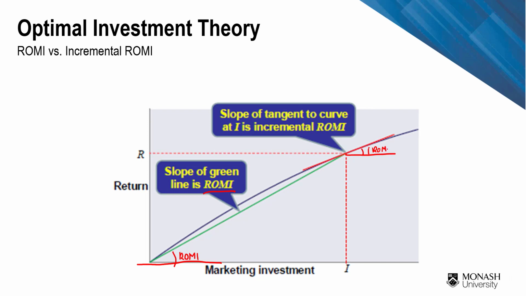I'm just going to put IROMI. What this is trying to say is that given this investment level, and given this is your return, this is going to be your IROMI, and this is going to be your ROMI. And as we talked about, your IROMI is getting what we call the diminishing rate of return.